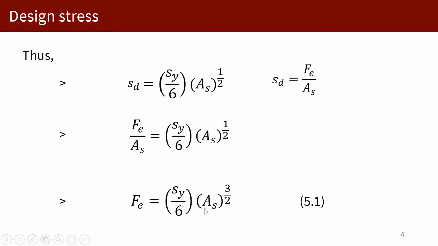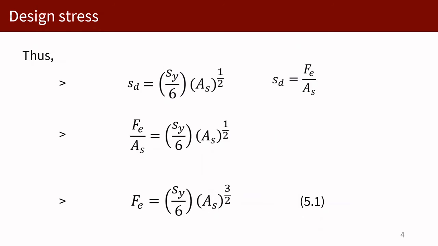So the question is, what diameter will we use when we refer to the tensile stress area? The tensile stress area is the cross-sectional area, the area of a circle.